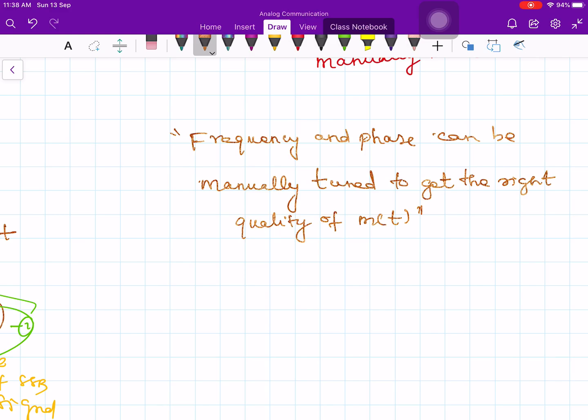As I said, bandwidth is a very important resource, and power is also a very important resource. So whenever you want to save the bandwidth, we will live with the complexities.